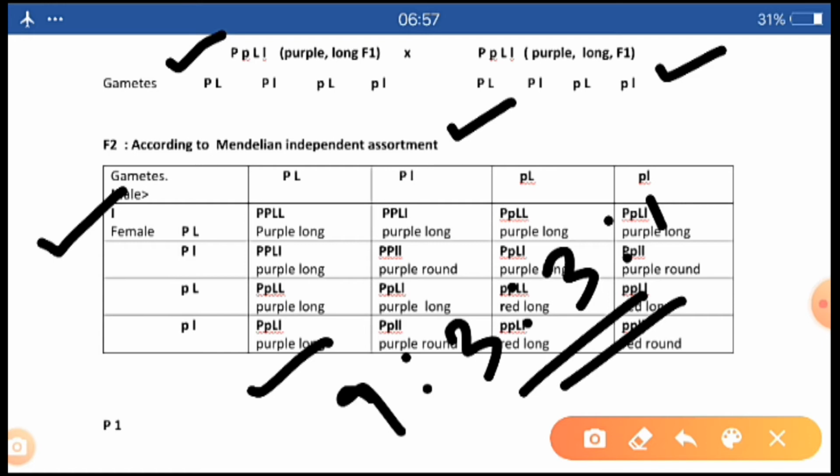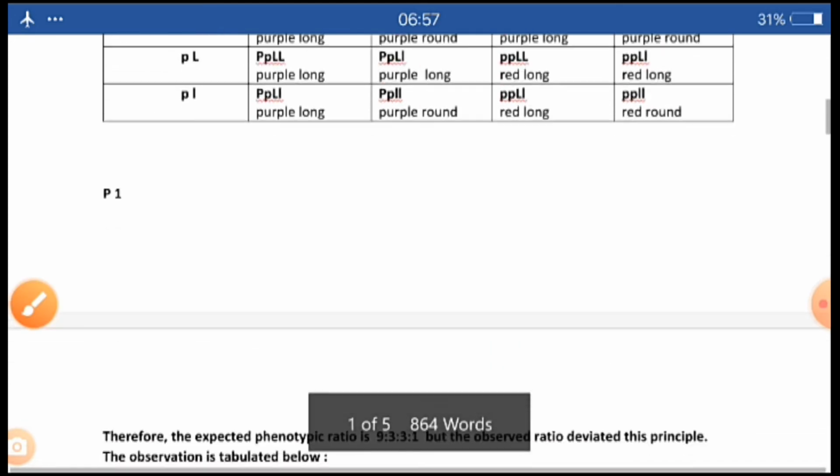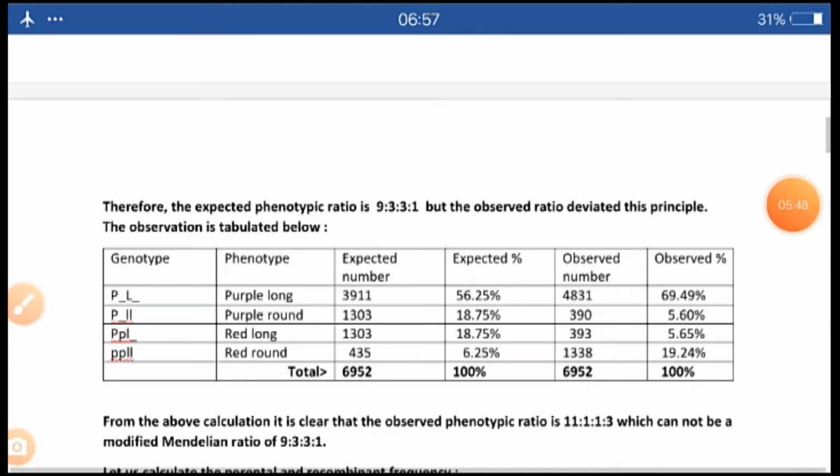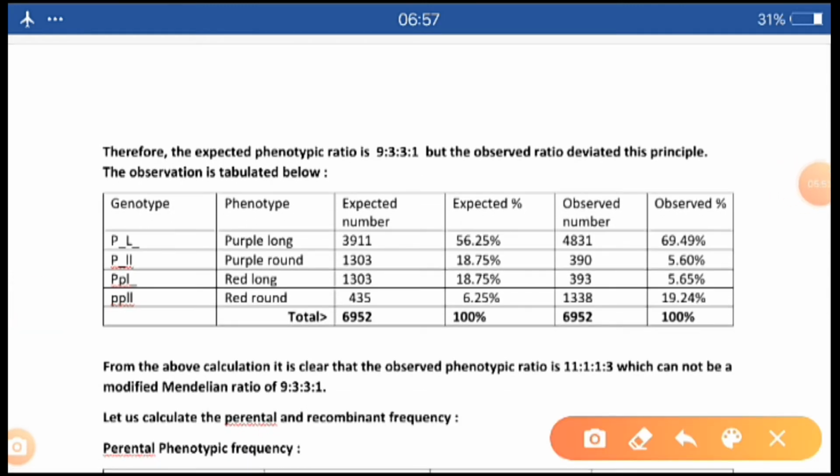Since here the number of characters is 2, the cross is purely dihybrid. So according to that, the expected result will be like this. This is the expectation.